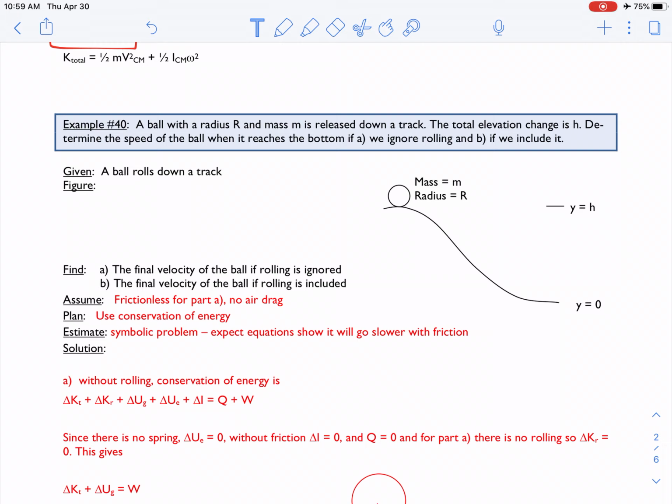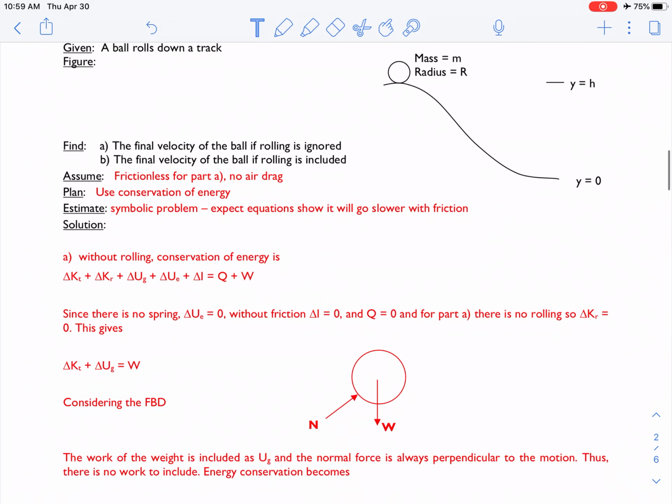Since translational kinetic energy is related to the speed, or velocity, of the ball at the bottom, when there is rolling, some of the initial energy will be used for rolling as well, and it will make the velocity at the end less. So what we should say then is that part B velocity should be less than part A velocity. That's what we can see before solving it.